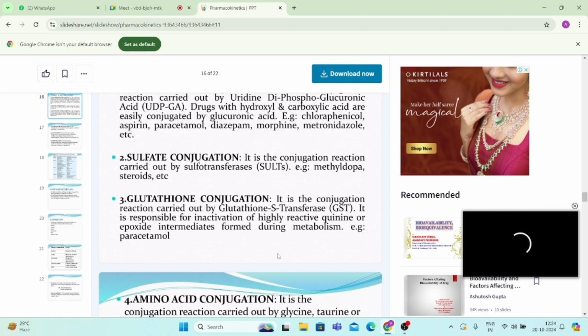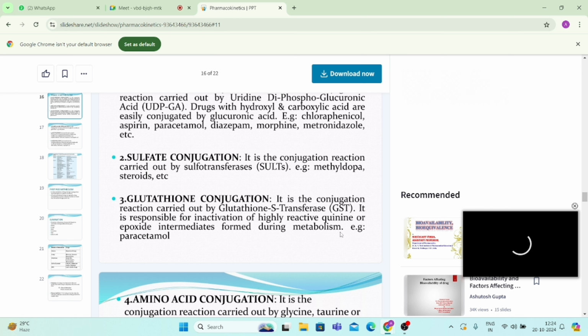Glutathione conjugation is done by the enzyme glutathione S-transferases, in short GST. Here the drug is going to form some intermediates, and there will be inactivation of quinone also. An example of glutathione conjugation is paracetamol.